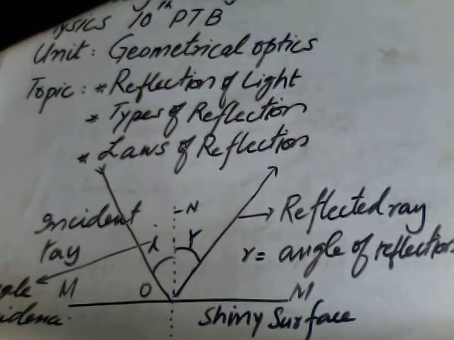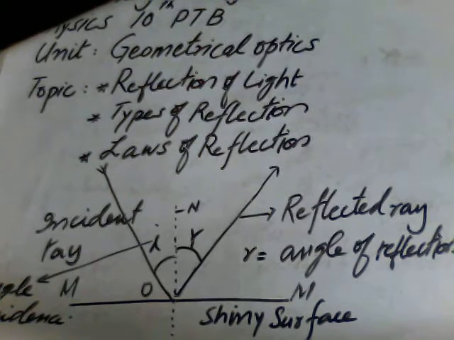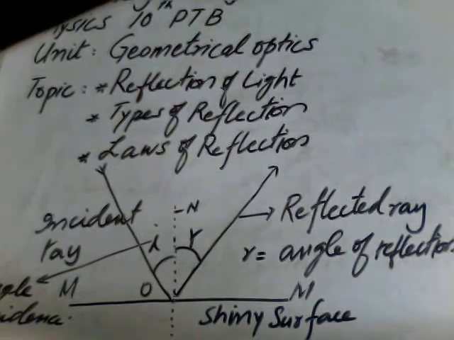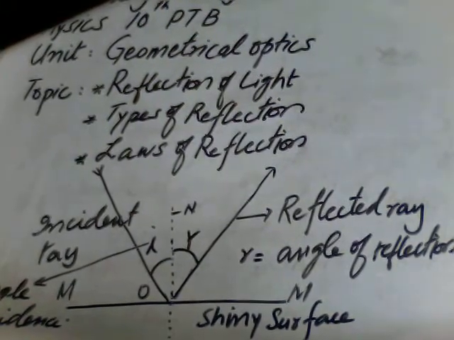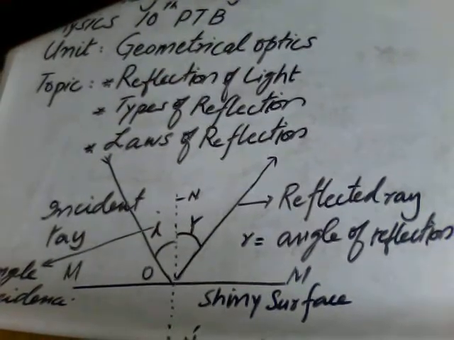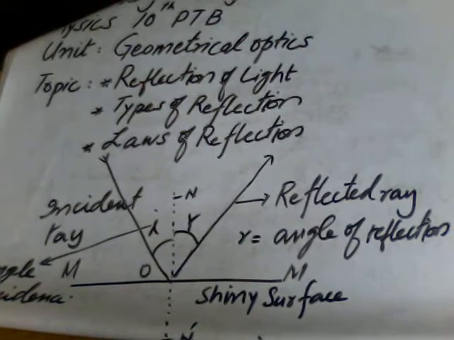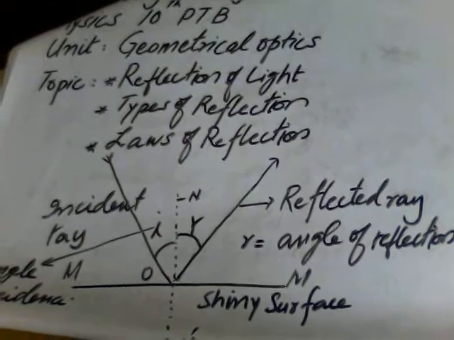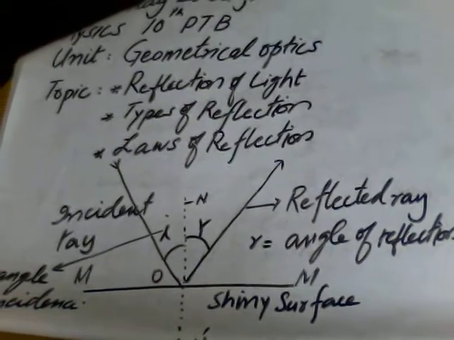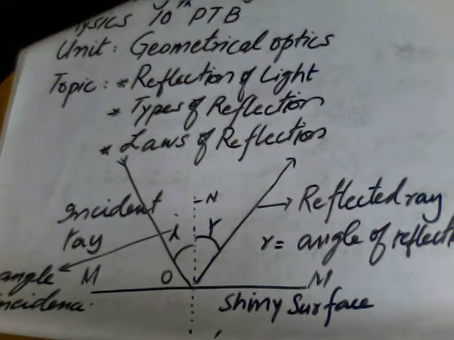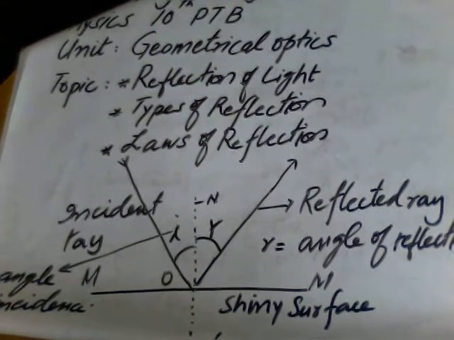So mediums are the material medium through which light can pass. Now, the first thing is, what is reflection? When light strikes a highly polished and shiny surface, it reflects back into the same medium.